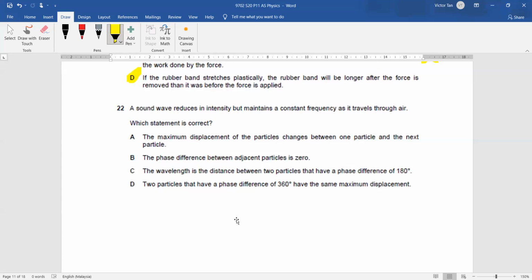Reduced intensity means the amplitude is less, that means the amplitude or the displacement changes. Okay. So the answer is A, very clear.